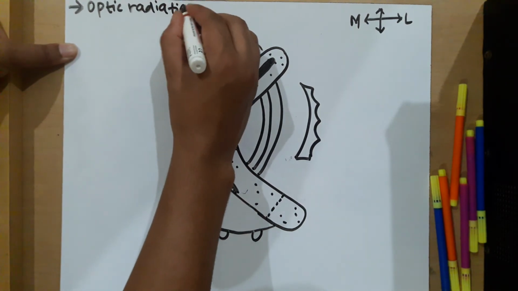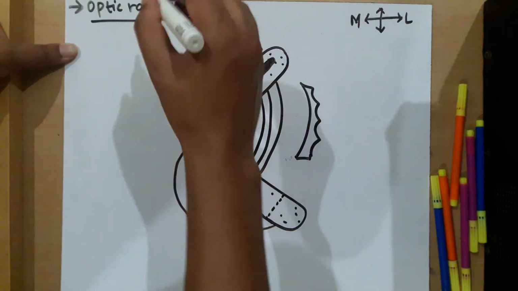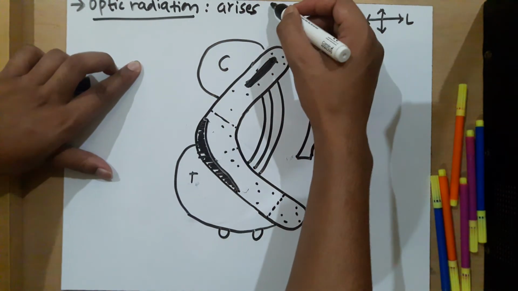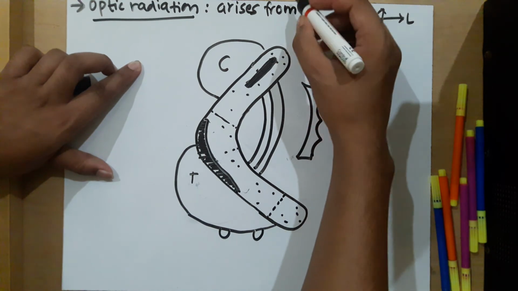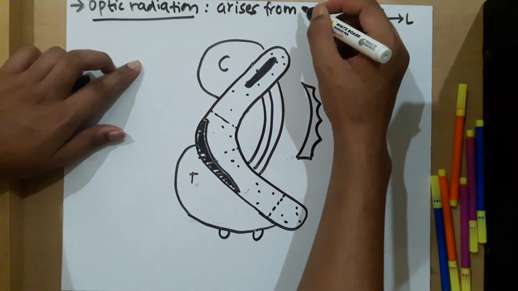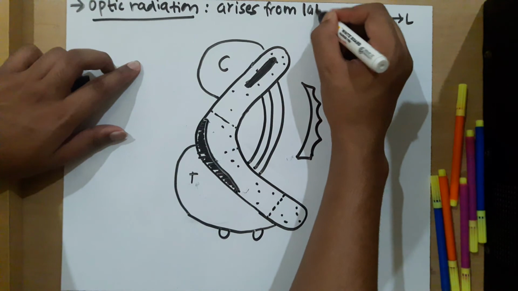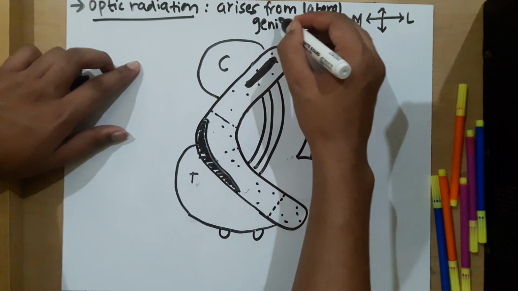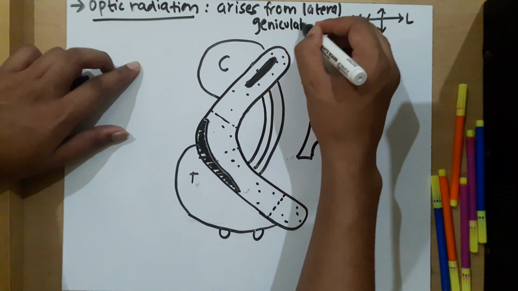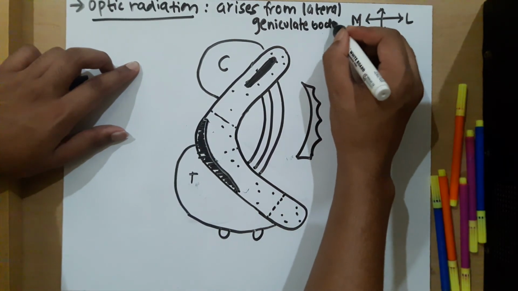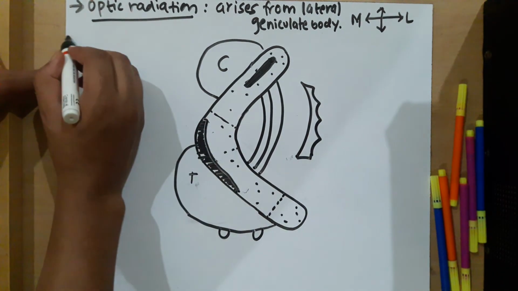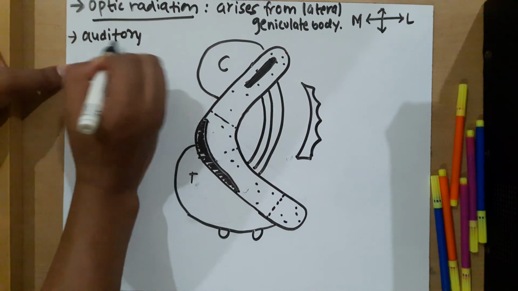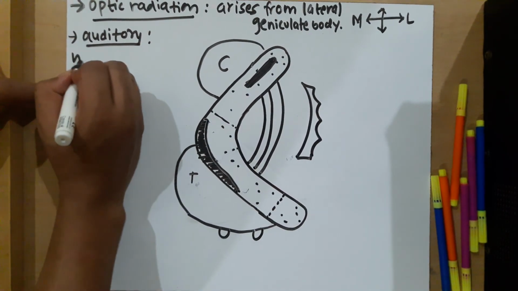You can include it in the points if you have space. The optic radiation arises from the lateral geniculate body, while the auditory radiation arises from the medial geniculate body.